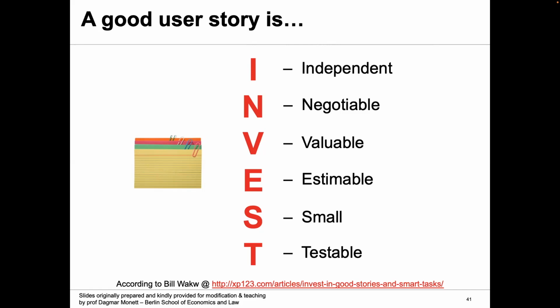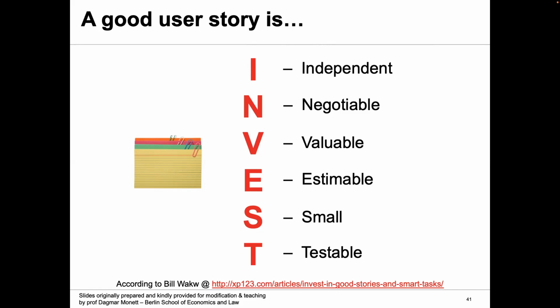So the user story needs to be flexible. It can change and adapt to further enhance the chance of fulfilling the user's requirement. So N is negotiable.